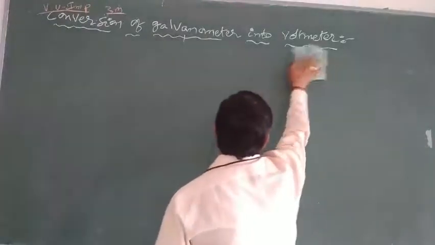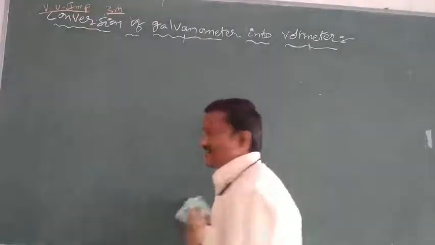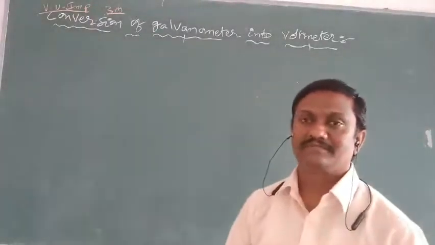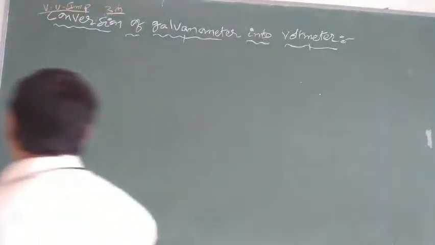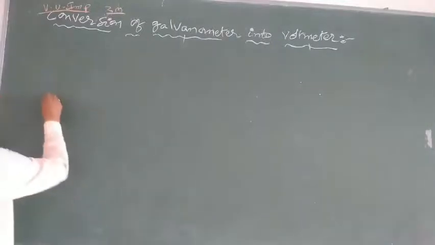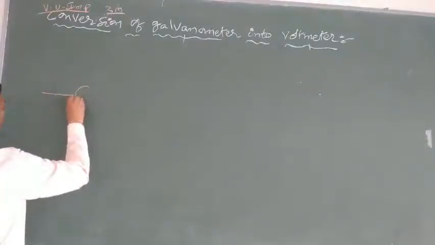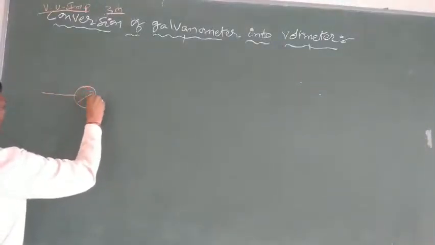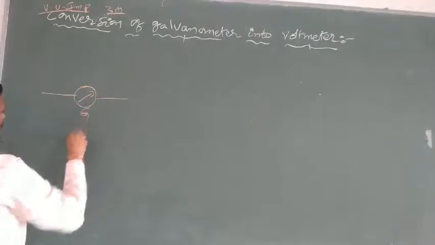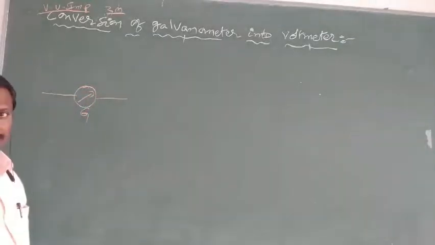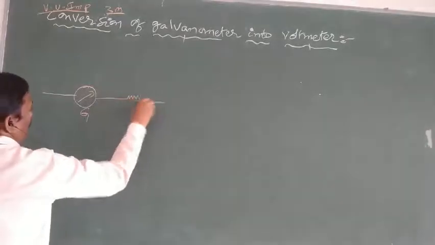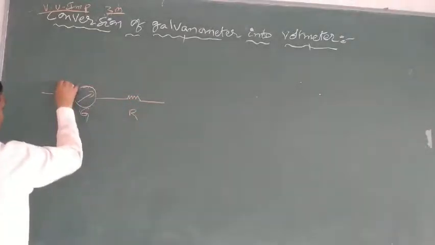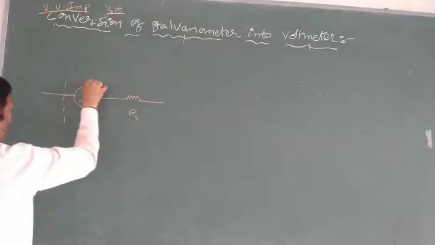Now, the present concept is how to convert a galvanometer into a voltmeter. For this purpose, assume this is a galvanometer. It is the symbol of a galvanometer, and the resistance of the galvanometer is G. Then a high resistance is connected in series with the galvanometer.